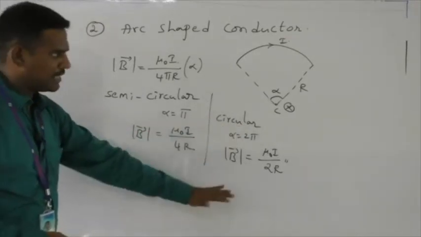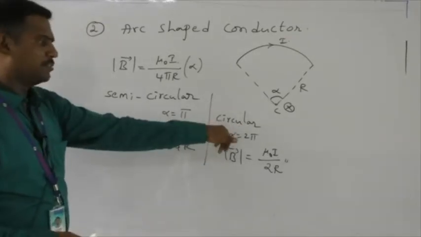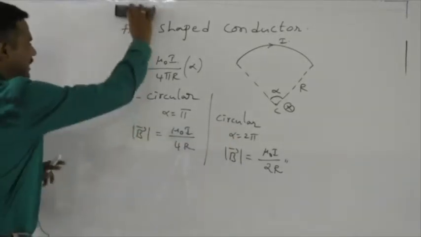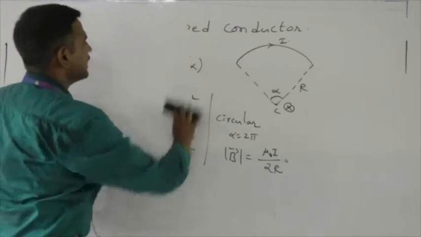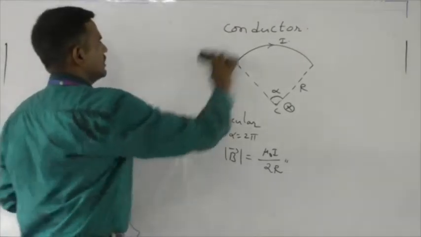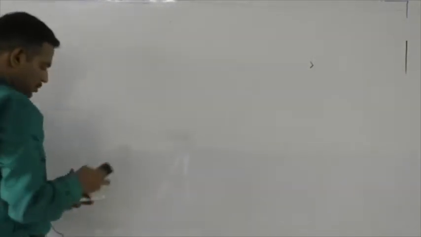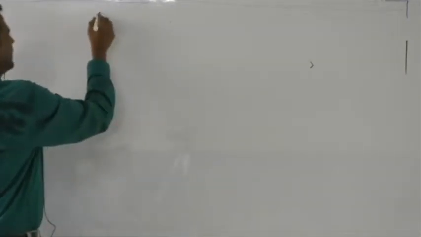Now let me give you one more formula related to this circular shaped conductor. Generally for a circular shaped conductor, if the point P is lying on its axial line, what is the meaning of axial line?